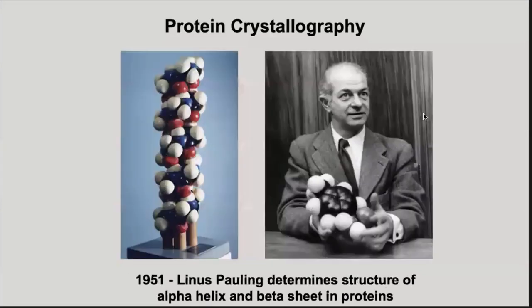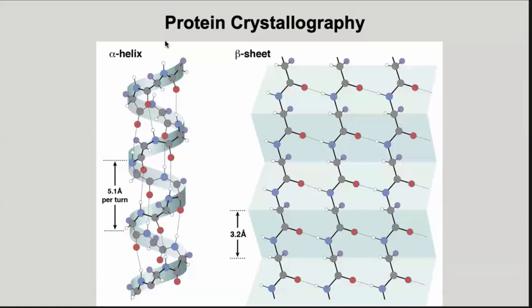So here's Linus Pauling next to a space-filling model of the alpha helix that he constructed using these little space-filling models that he invented. So that's the alpha helix, and then here we see, you've seen this picture before, the alpha helix. And so when you subjected this to X-ray crystallography, one of the reflections you were getting actually corresponded to the distance between twists of the helix.